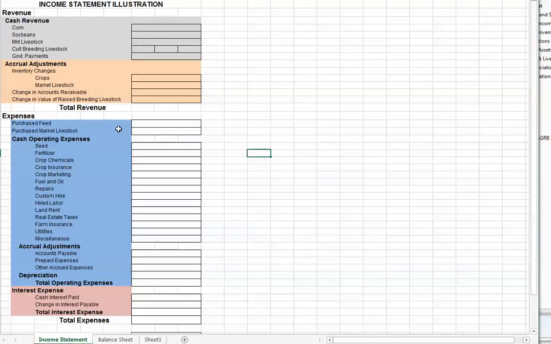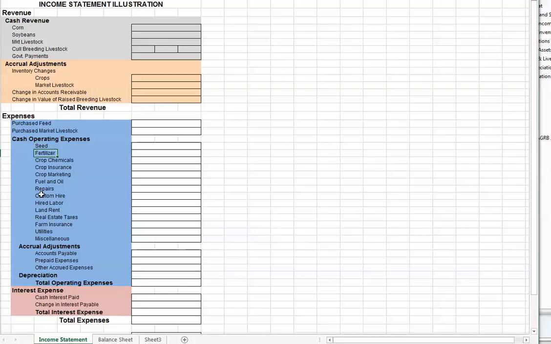All of these items, starting with purchase feed all the way down through the cash operating expenses, this group right here, simply come from your expense ledger. You remember the expense ledger from when we did the chart of accounts, where every expense would be listed and then categorized by whether it was seed, fertilizer, chemicals, and so forth.